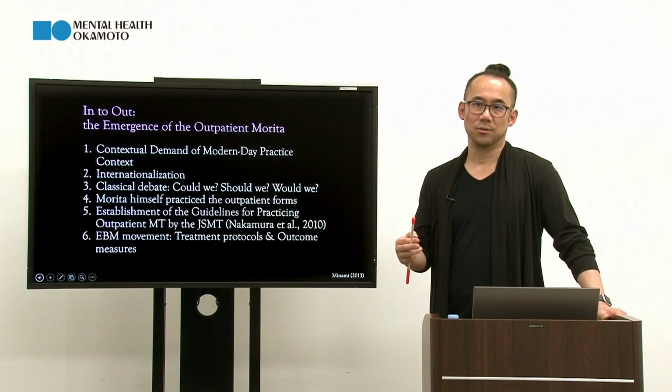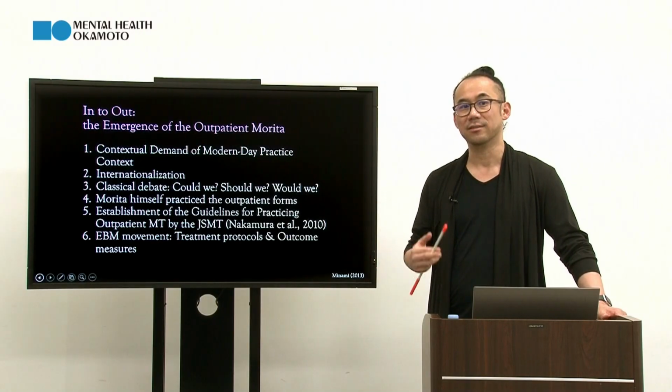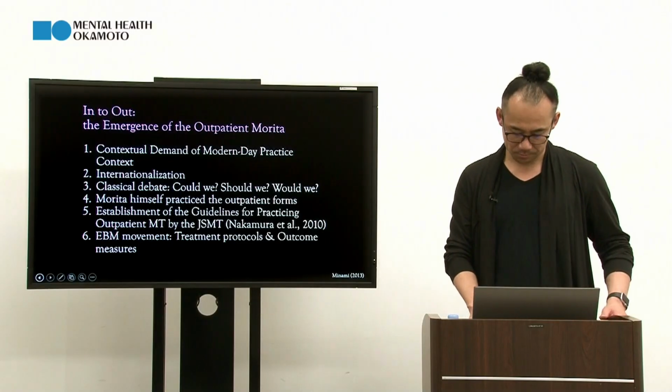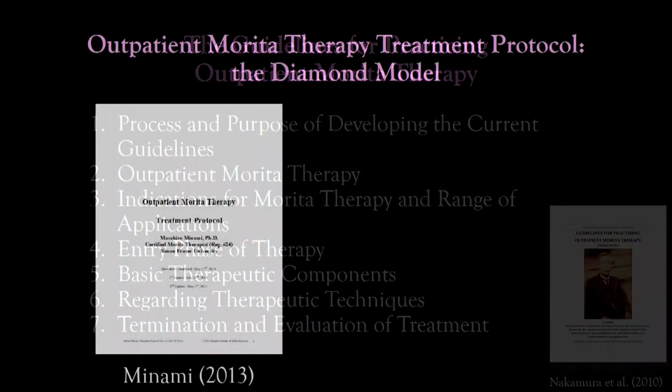This is also a tool advancing our evidence-based movement in Morita therapy. These are the overview of the guidelines for practicing outpatient Morita therapy. This is the table of contents, which I don't have time to go over in detail, but they are available.